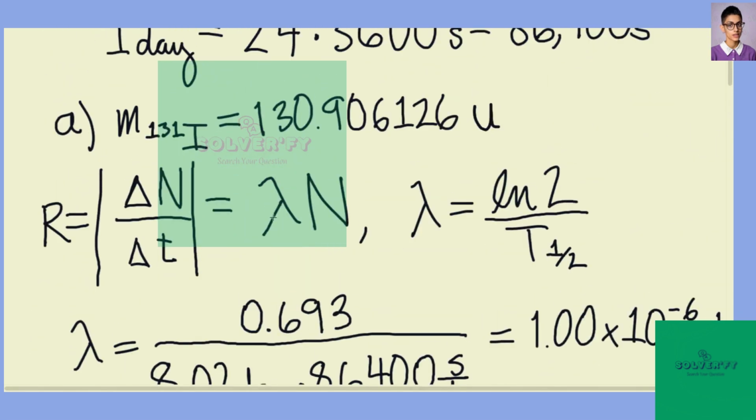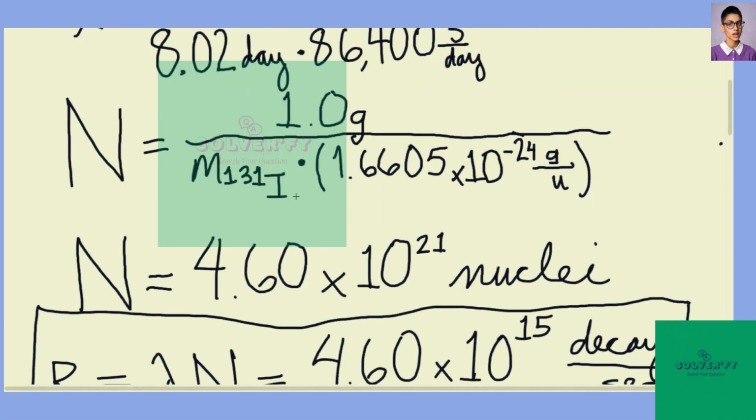Secondly, we need to find the number of nuclei that are present in the sample. We're told that the sample mass is 1 gram. So we're going to take the atomic mass of the iodine 131 isotope in units of atomic mass, convert it to grams using this 1.6605 times 10 to the negative 24th grams per atomic mass scale factor.